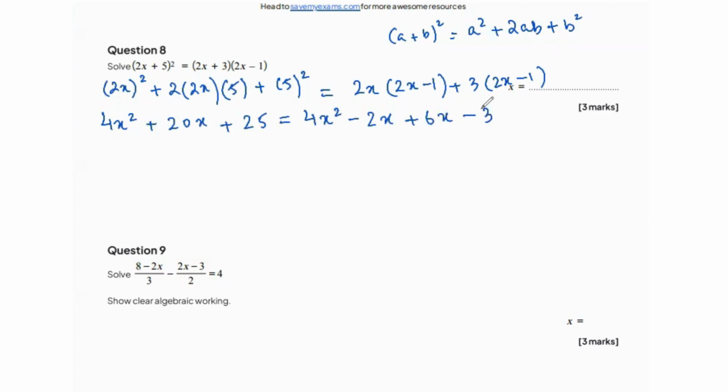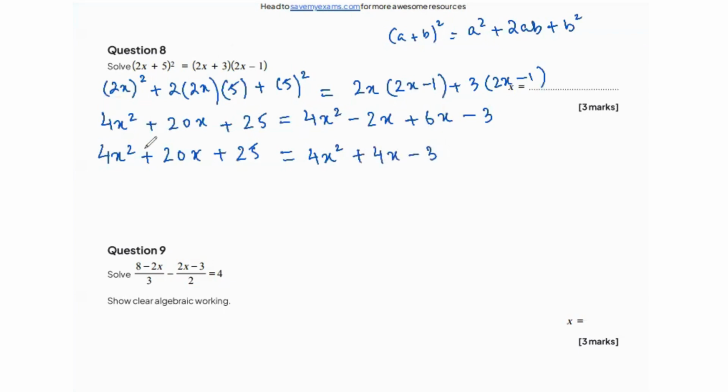Combine the like terms on each side. Left hand side remains as it is right now. Right hand side would be 4x squared plus 4x minus 3.